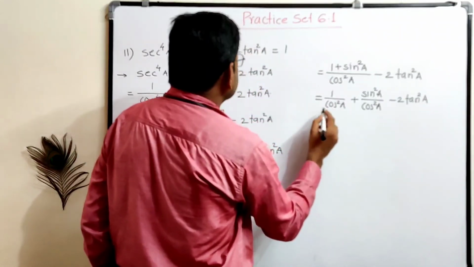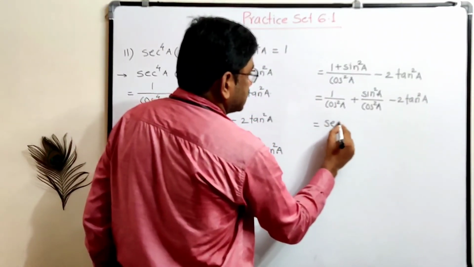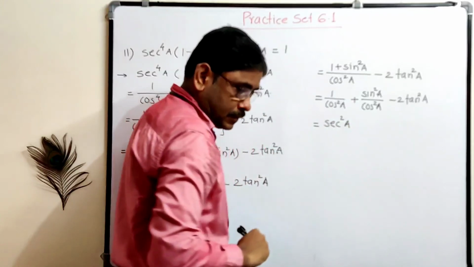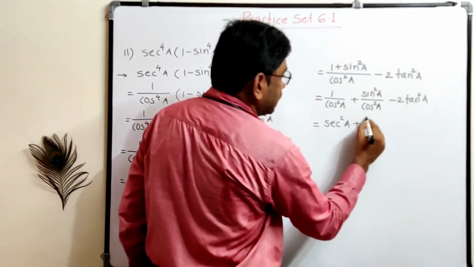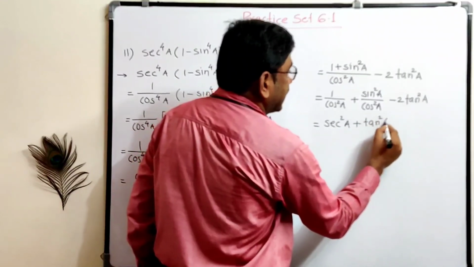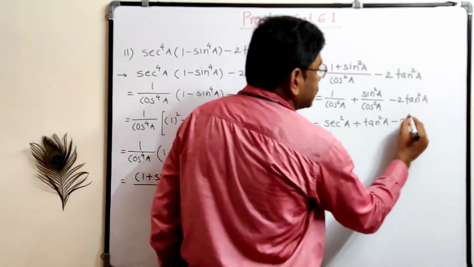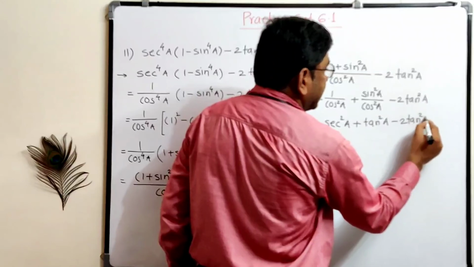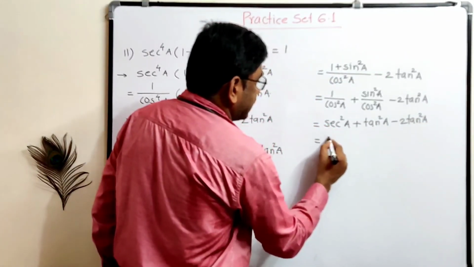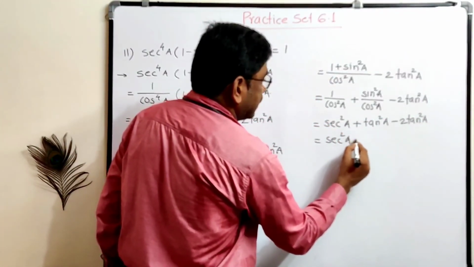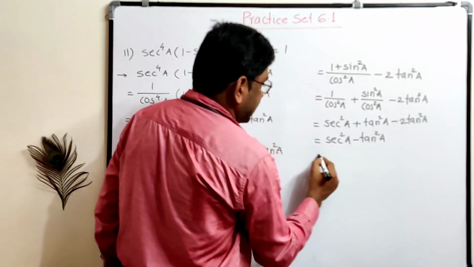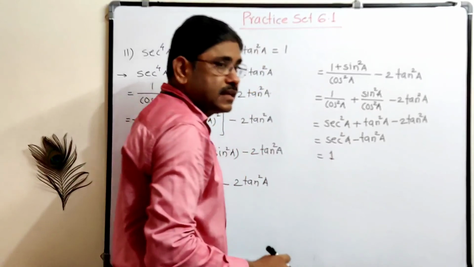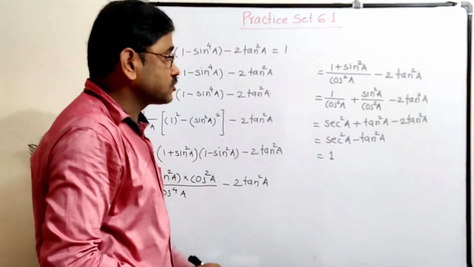So 1 upon cos square a is sec square a. 1 upon cos square a means sec square a. This becomes plus tan square a and minus this 2 tan square a. So we get sec square a minus tan square a, so is equal to 1 because identity is there, sec square theta is 1 plus tan square theta.